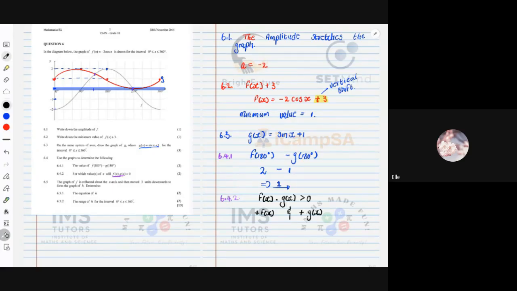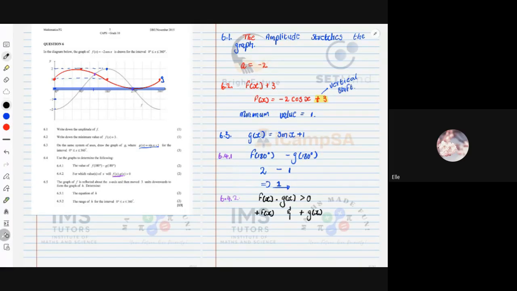This is the only condition that will give us a number that's greater than 0: if both f at x and g at x are positive.